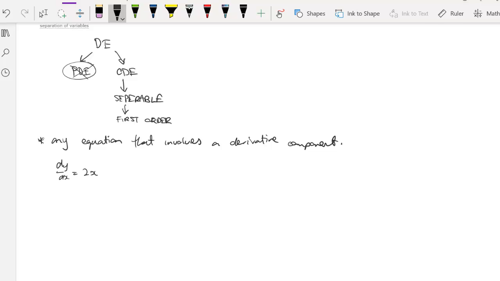Here's an equation that involves a derivative function. It's therefore a differential equation. We could have a sum of x and dy/dx is equal to 3. That would also be a differential equation. We could have second order differentials. We could say d squared y/dx squared + 2 dy/dx + y = 3. This is also going to be a differential.